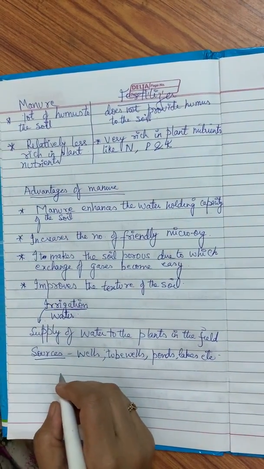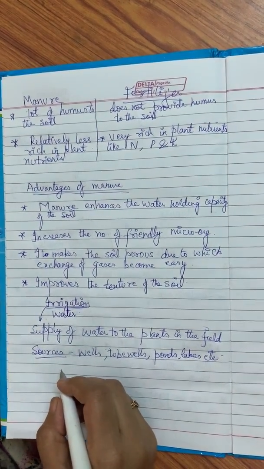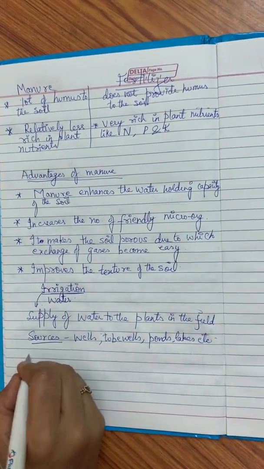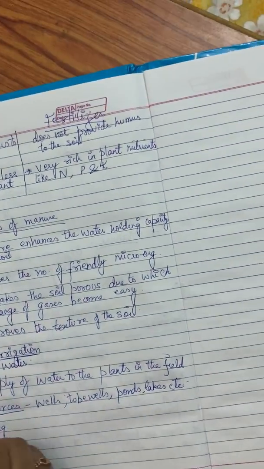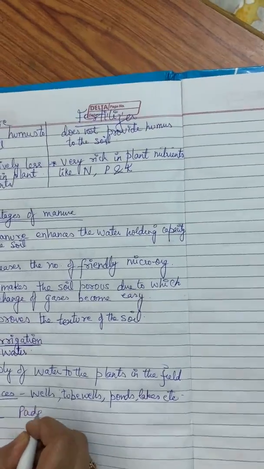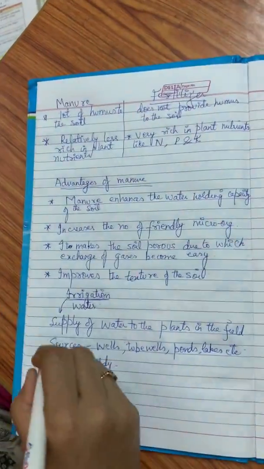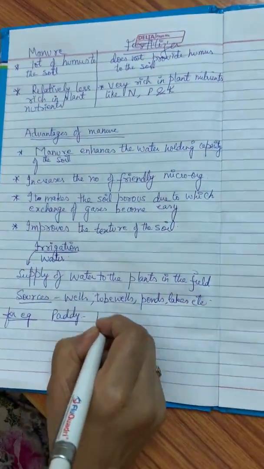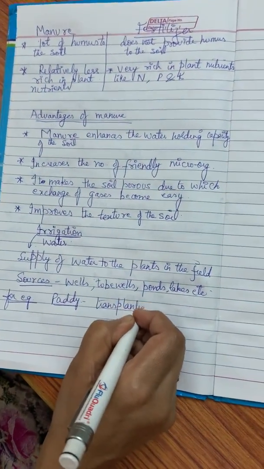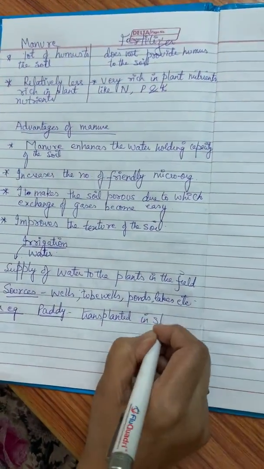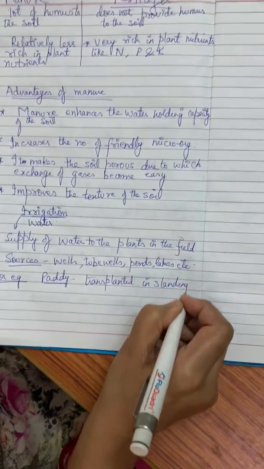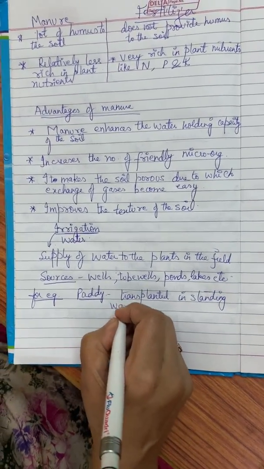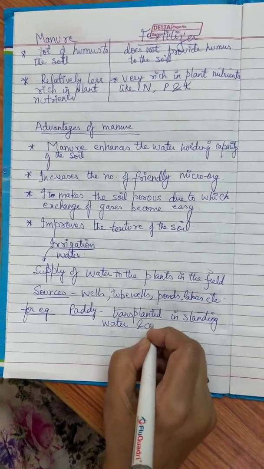Different plants require water at the different stages of their development. For example, paddy, as we have studied earlier, is transplanted in standing water and requires constant irrigation.